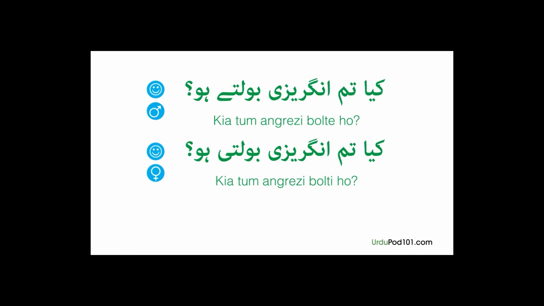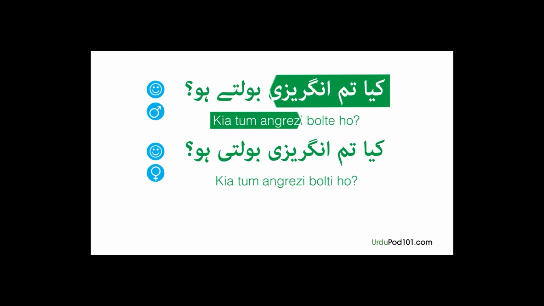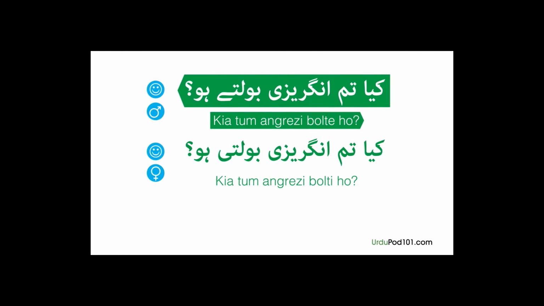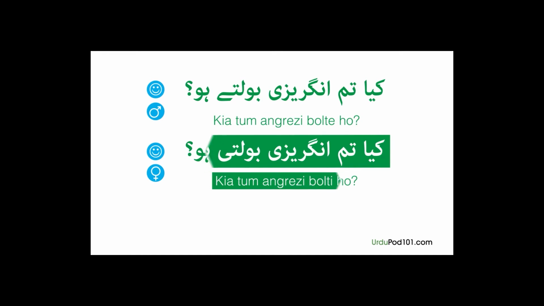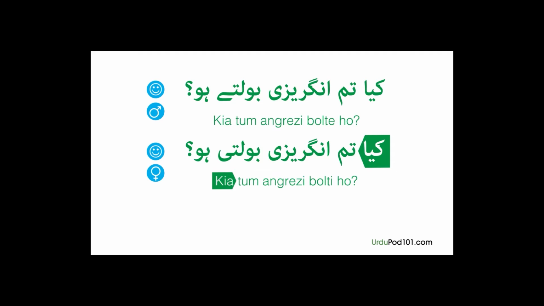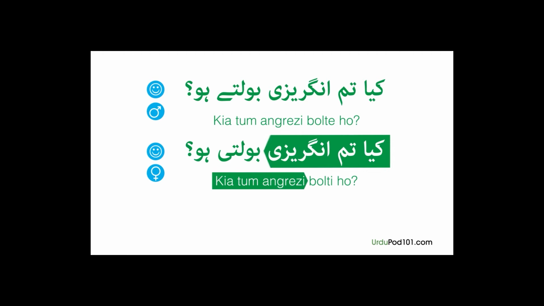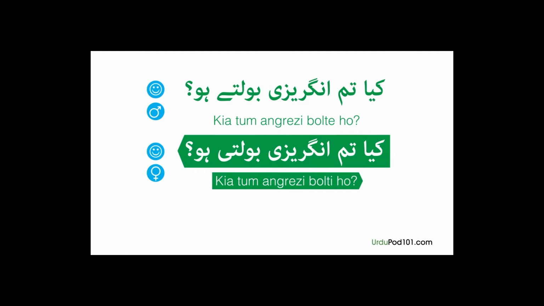To ask a young man or a boy, क्या तुम अंग्रेजी बोलते हो? And when you're asking a young woman or a girl, you will say, क्या तुम अंग्रेजी बोलती हो?